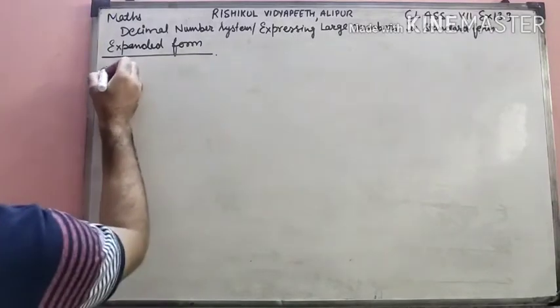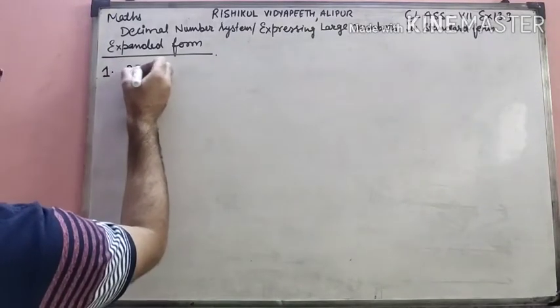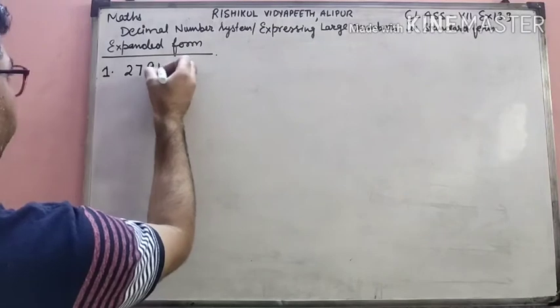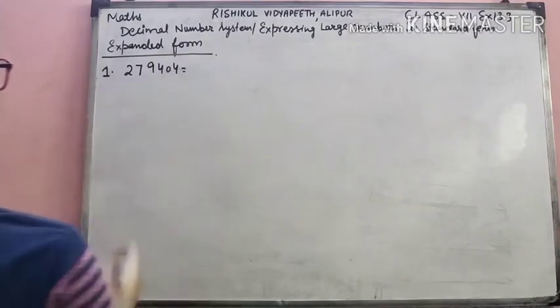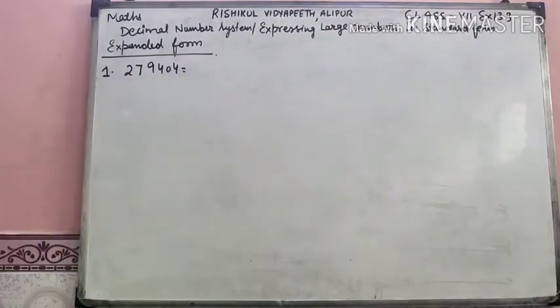For example, question number 1: 279404. You have to write it in expanded form. How can you write it?